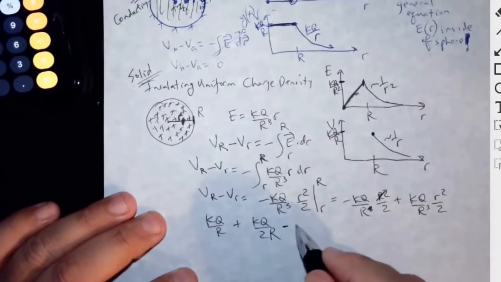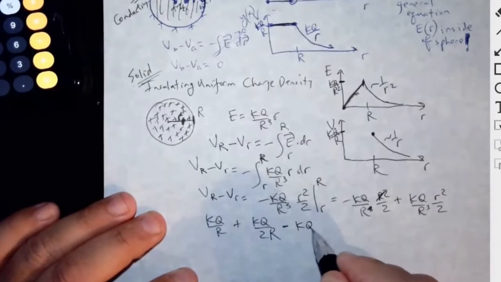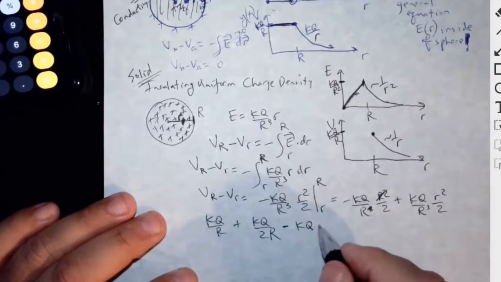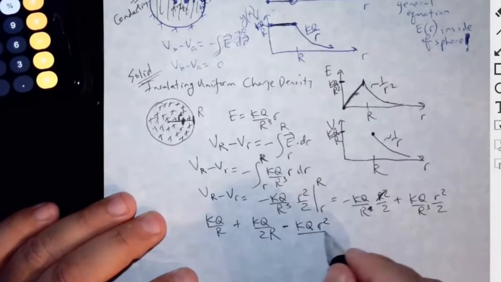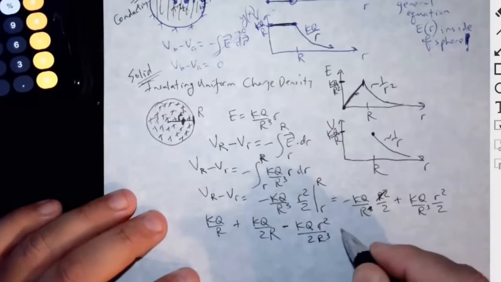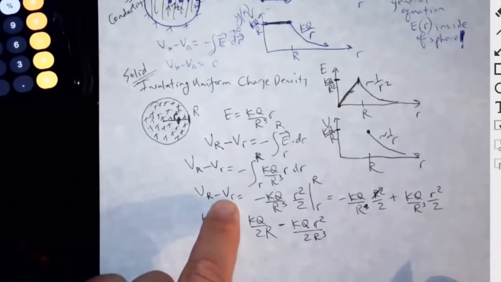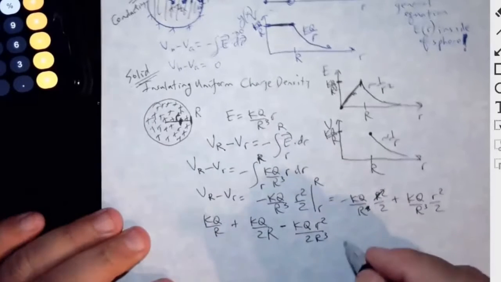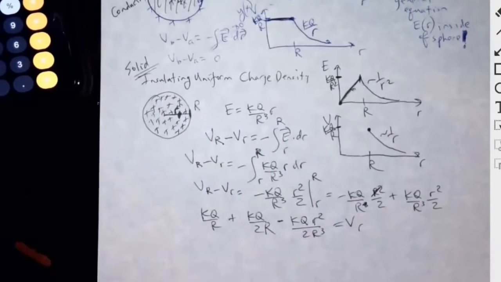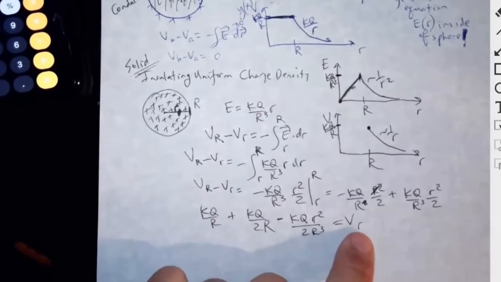And this one comes over to the left side as a negative kQ r squared over 2R cubed. Then this one goes to the right side as V sub r. So that gives you the general equation for the voltage at any radius from the center.